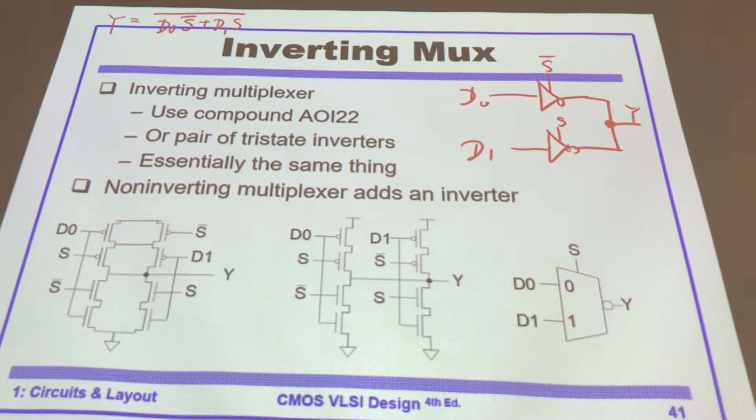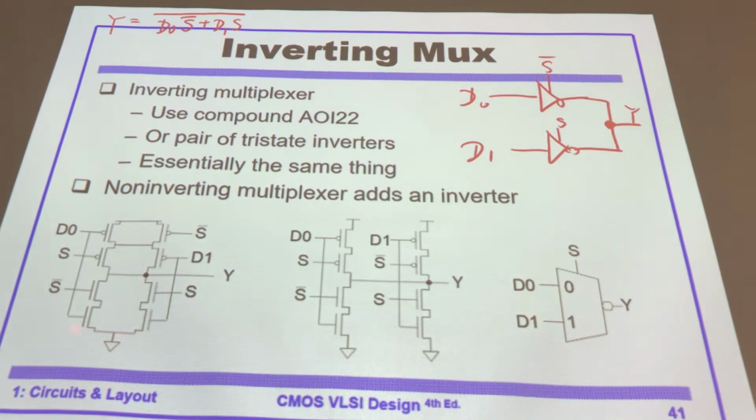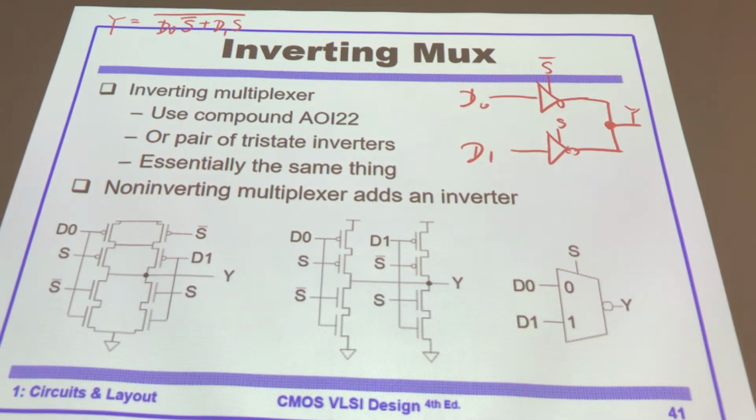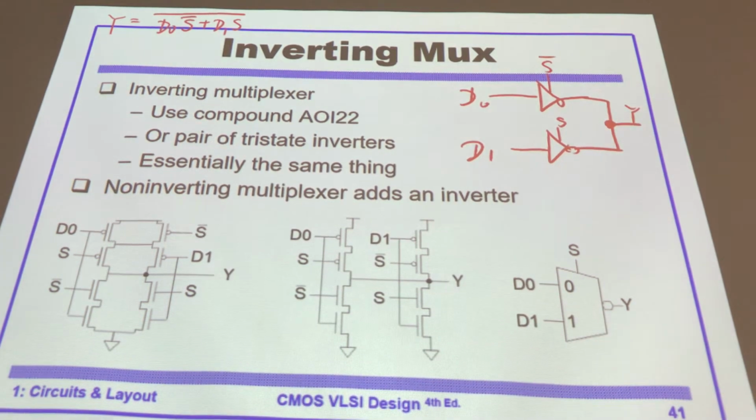From static CMOS gate design, the pull-down network is this. How do you start? We start from the NMOS network.